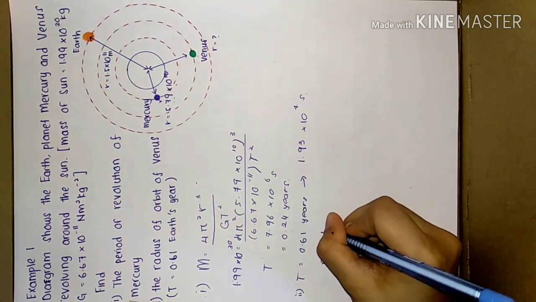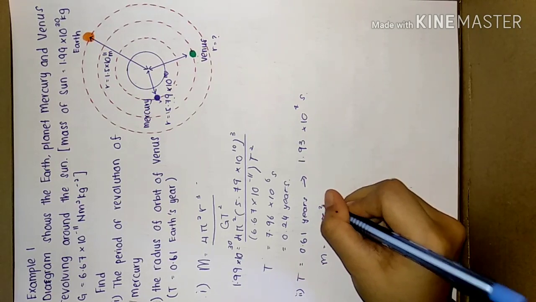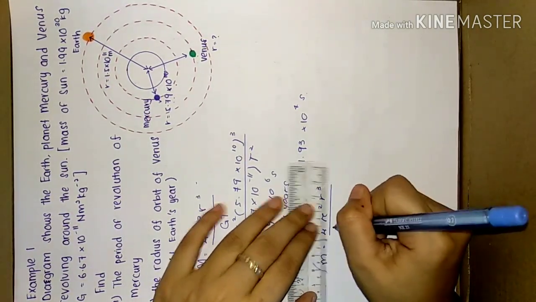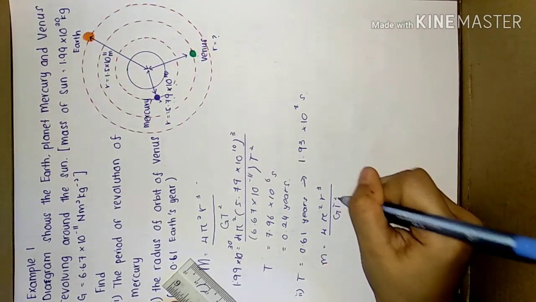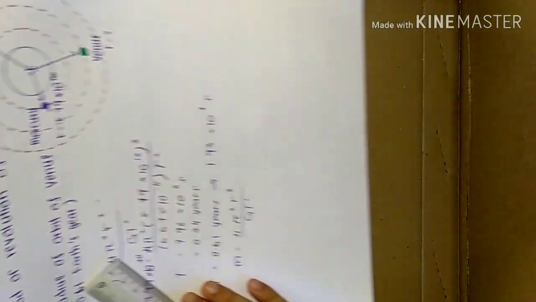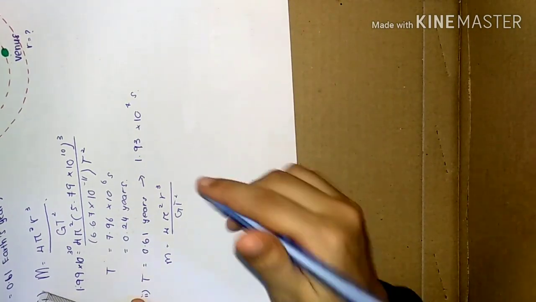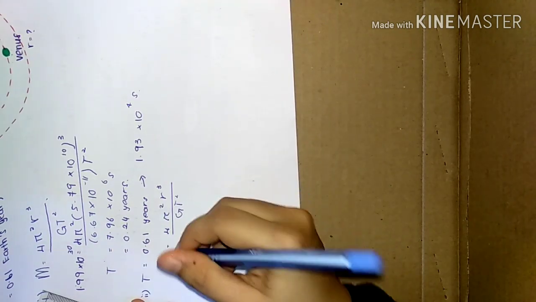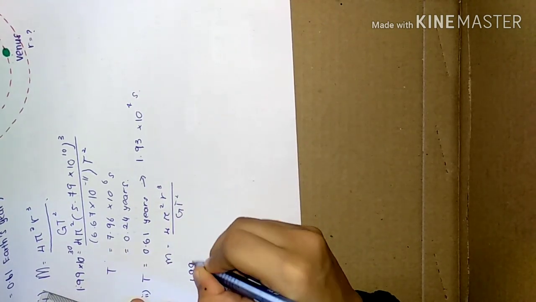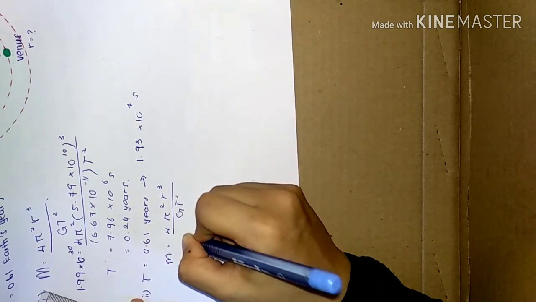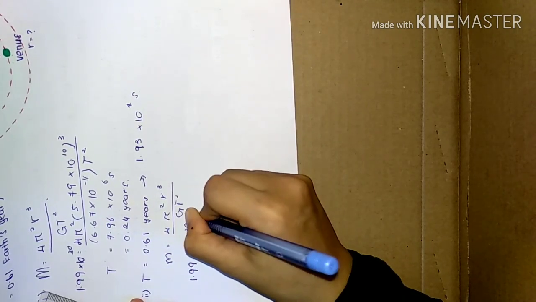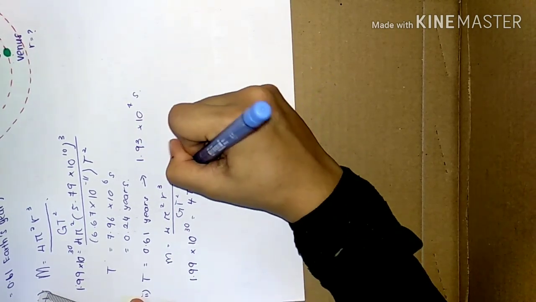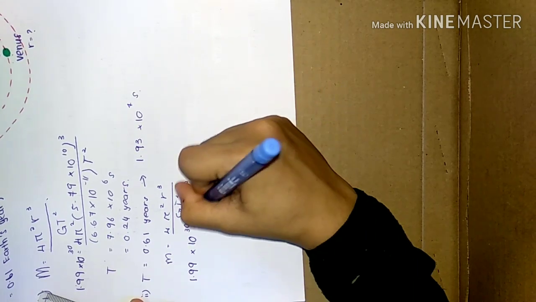The formula is mass equals 4 pi squared r over G T squared. For the mass, we use the mass of the Sun, which is 1.99 times 10 to the power of 30, and we have 4 pi squared here, and we need to find the radius.